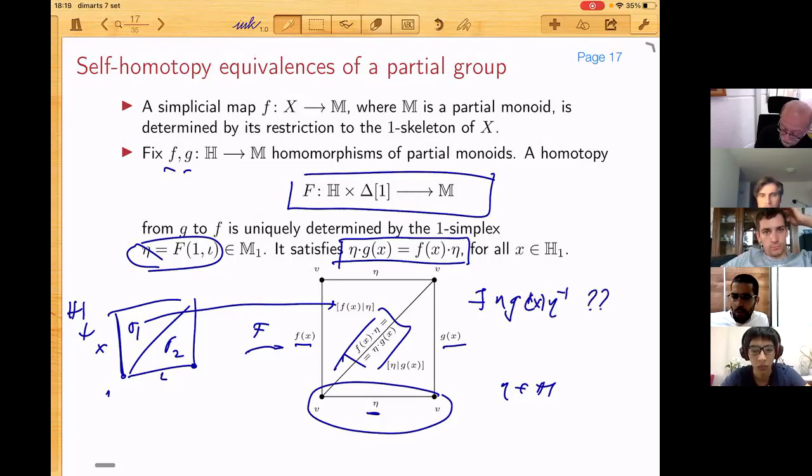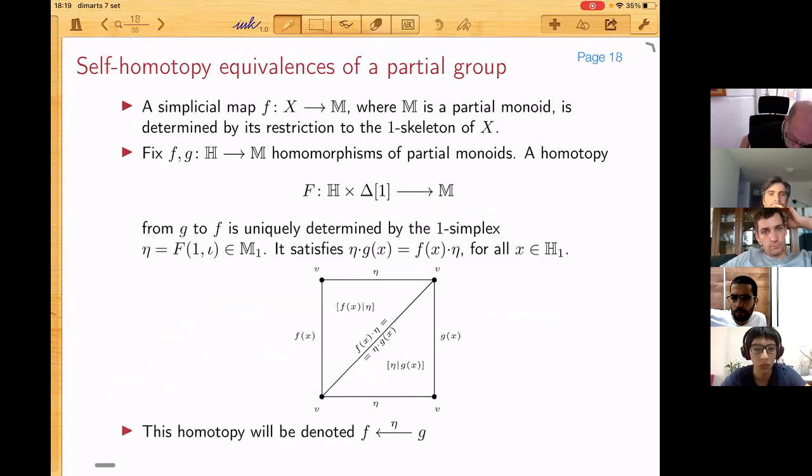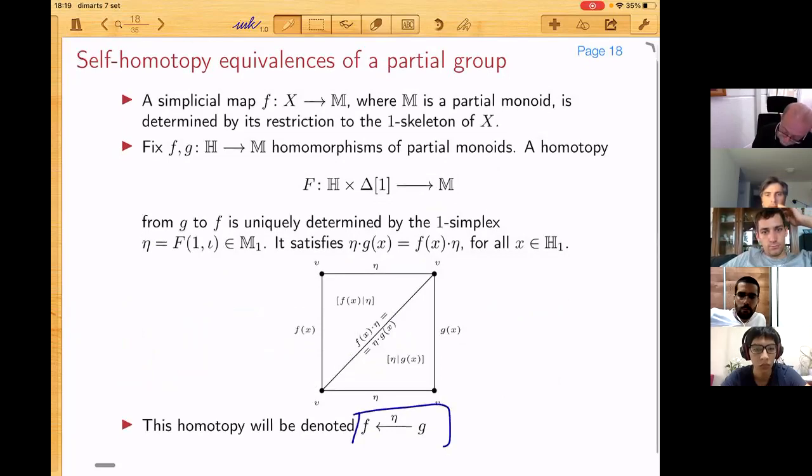If this exists, then this would be F of X. If it doesn't, well, we have this formula, so in some sense conjugation is a stronger notion than homotopy, but it's almost the same in partial groups. In groups, it would be the same. Okay, that's notation. So such a homotopy is denoted by that. So we have a homotopy between G and F, which is determined by this one simplex eta.